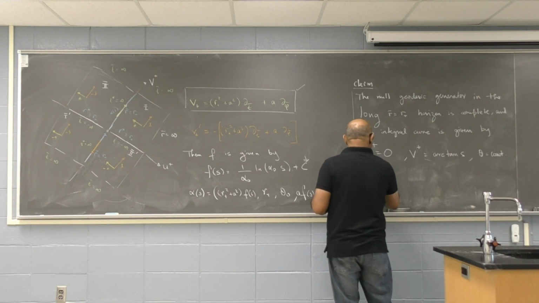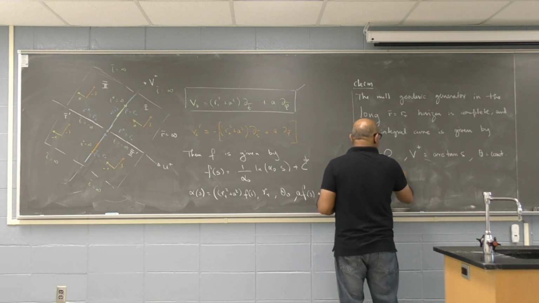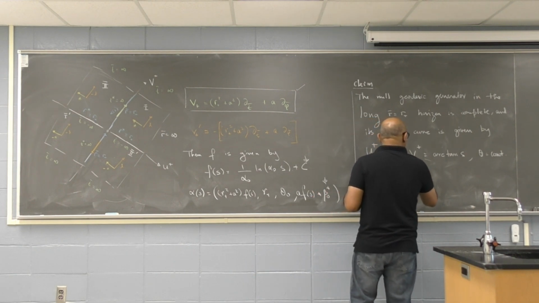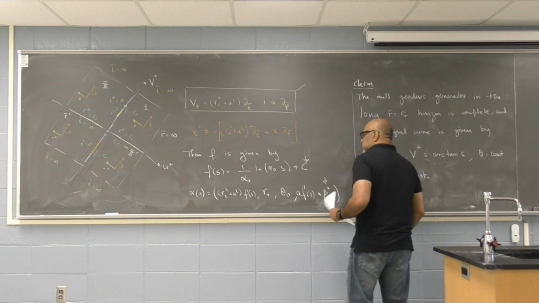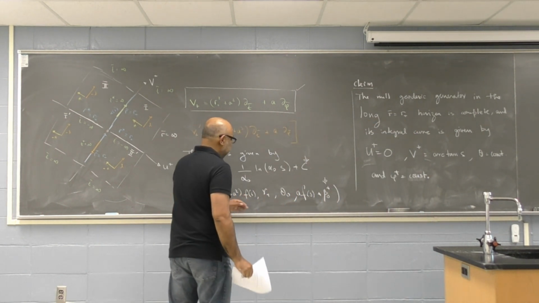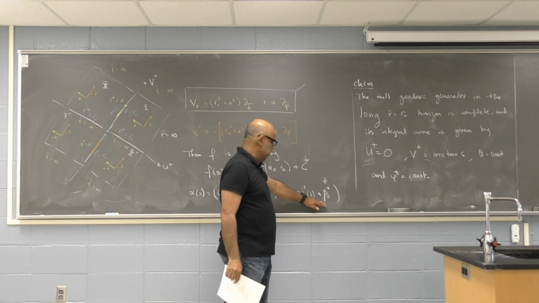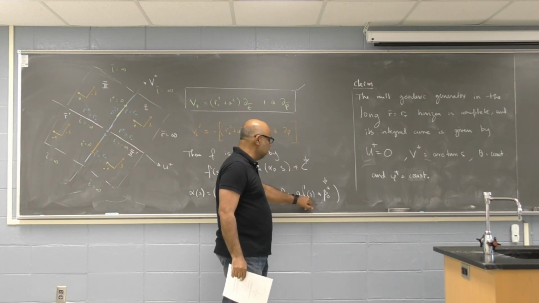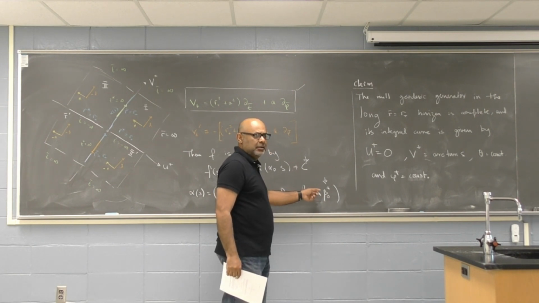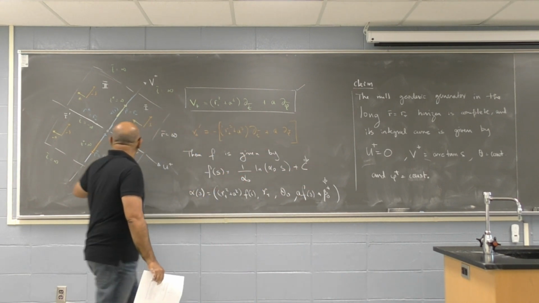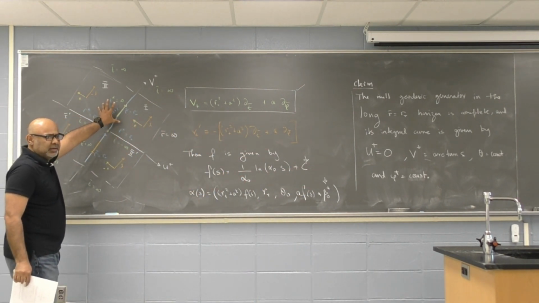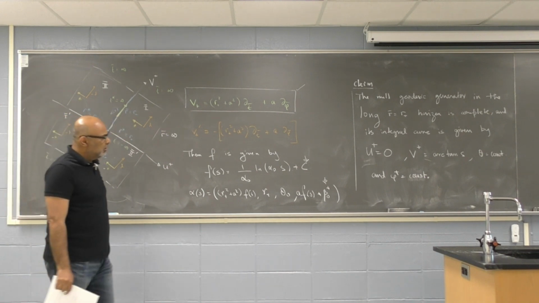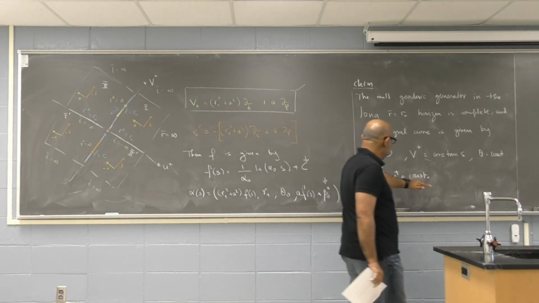And phi plus equals constant. Look at what phi plus does. As s goes to 0, this goes to minus infinity. But that's okay, because this point is not included in that chart. But here, it's a nice constant.